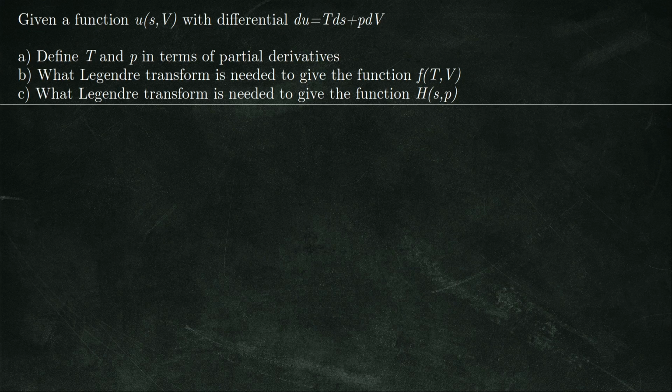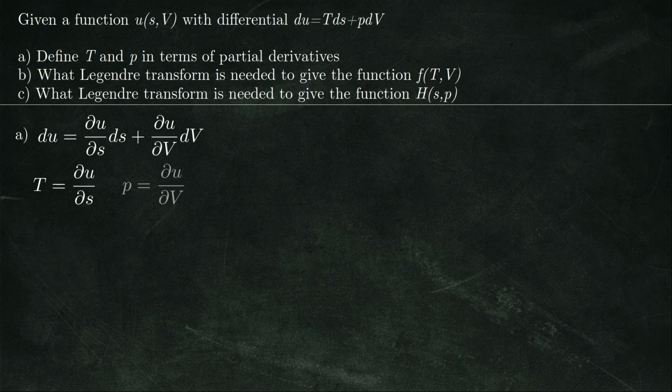So firstly, we want to define t and p in terms of partial derivatives. So we expand our differential, so du equals du by ds, ds plus du by dv, dv. And then we can compare it to above and we get t equals du by ds, and by matching up the dv's, we have p equals du by dv.